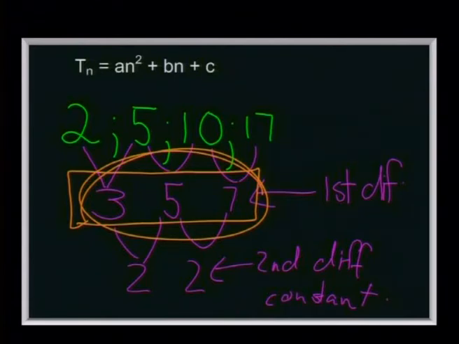Now, in the case of a linear number pattern and a geometric number pattern, we just had a simple formula that we could apply. We could put in the a and we could put in the r or the d, and there we have it. We have our general term. But in the case of a quadratic number pattern, it really isn't that simple.